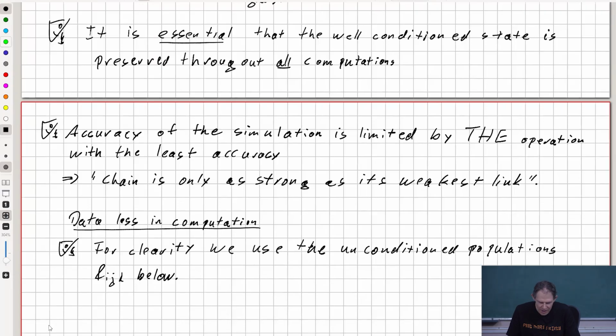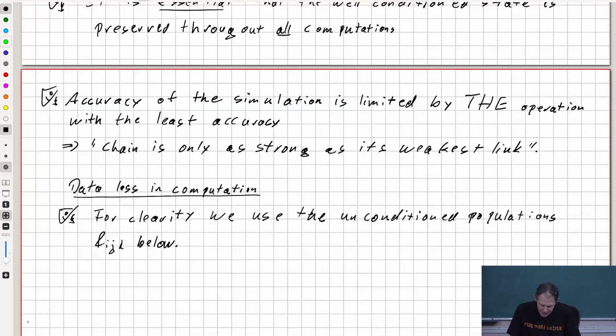So let's look at one particular example of doing a computation and say this is the naive computation. The naive computation of the velocity. So how do we compute the velocity according to our definition?